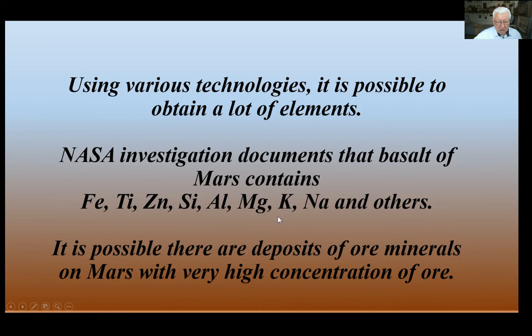But most probably there are places where these elements are present as concentration in form of deposits. So we are able to discover these deposits and use the material for various products.